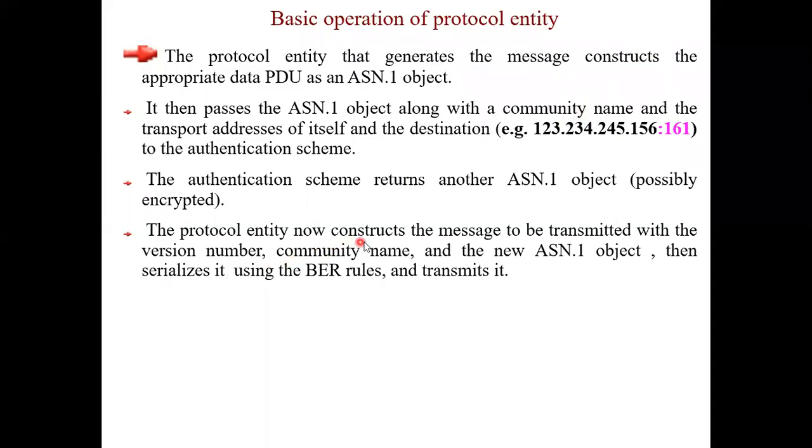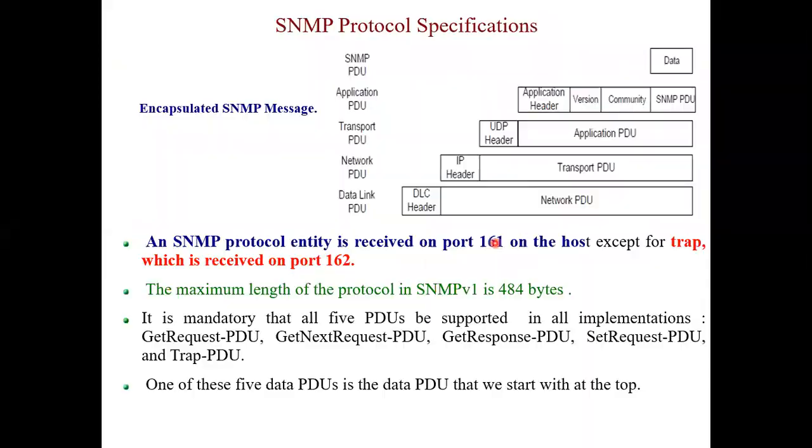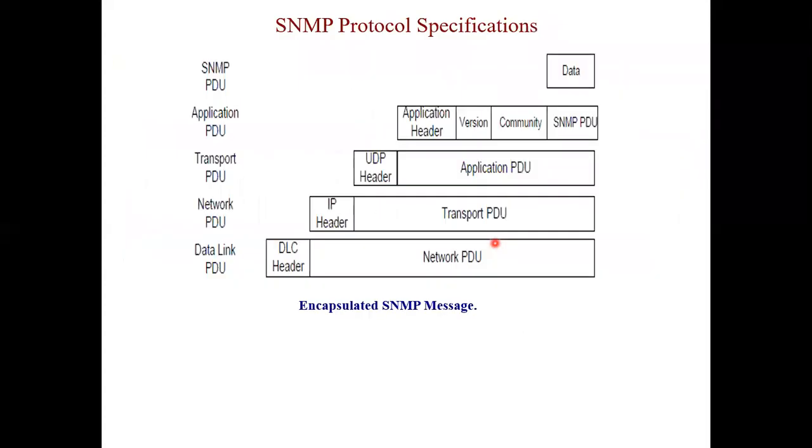So the protocol entity constructs the message to be transmitted with the version number, the community name, and the ASN1 object. Now, how this PDU is constructed, since it's a gap of 2 weeks, I'll just show you. We have already done this. So how am I structuring or creating the PDU?